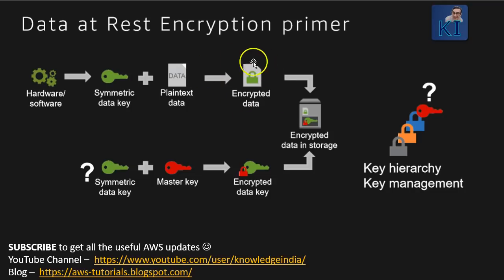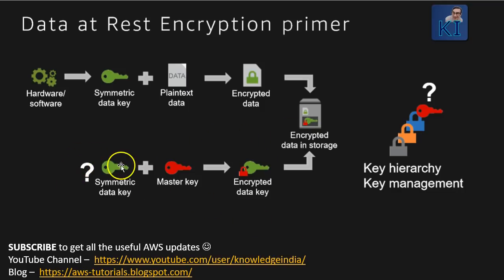So our data got encrypted, whatever data is on the EBS volumes. That will be saved. In addition to that, along with that encrypted data, the key which was used to encrypt this data would also be saved, but it would not be saved in plain format. It would be saved in encrypted format. So that's what is happening in parallel.